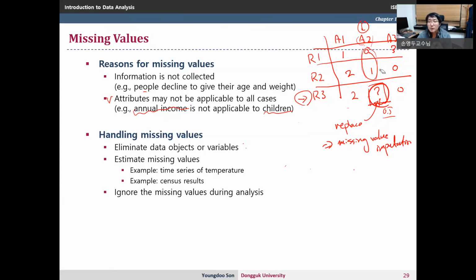Or we can find the record most similar to R3. R2 is similar to R3 when comparing the other attribute values. Then we put in 1, because we consider that R3 may be similar to R2. So there are many missing value imputation methods.